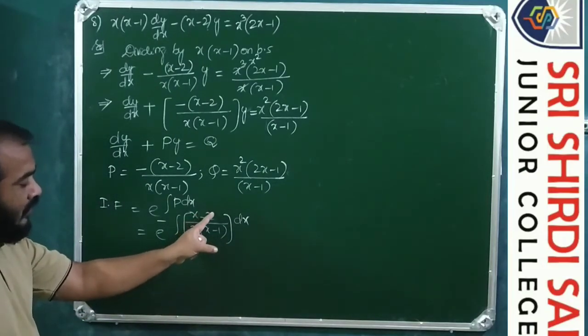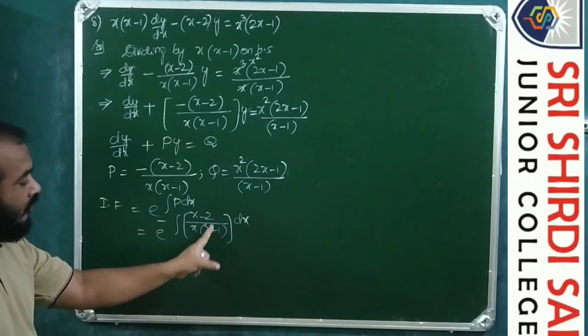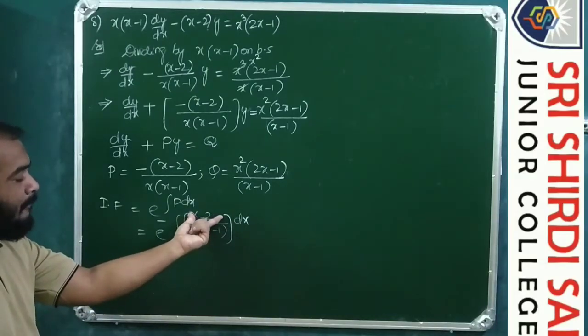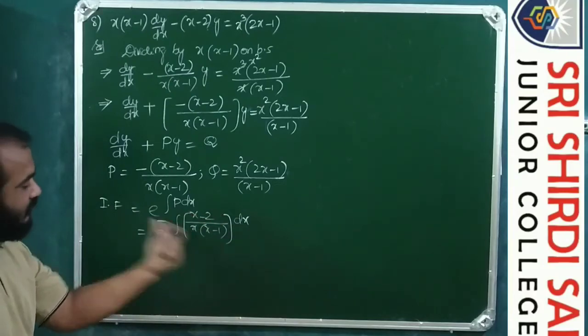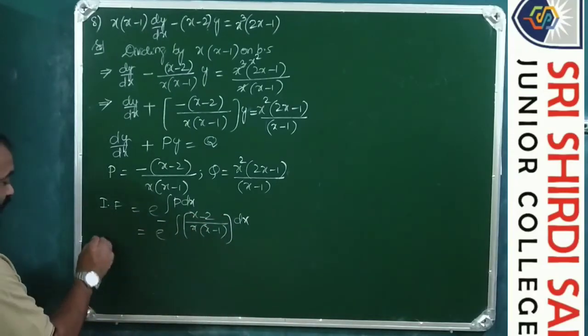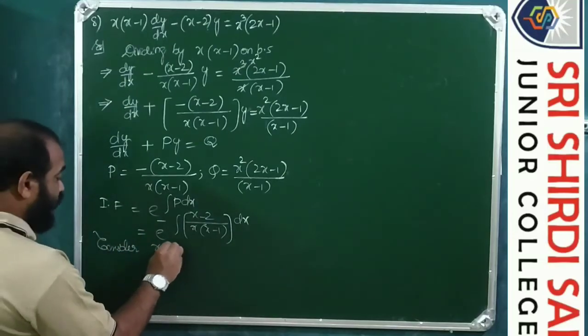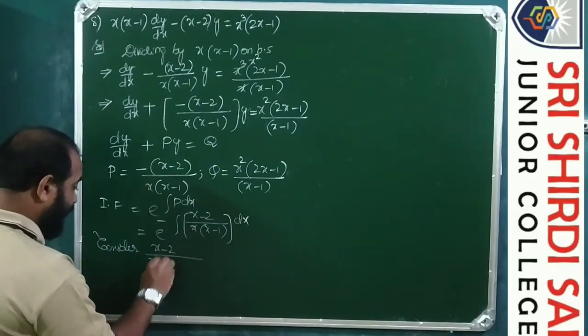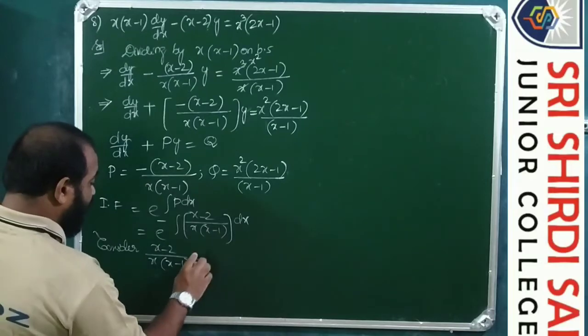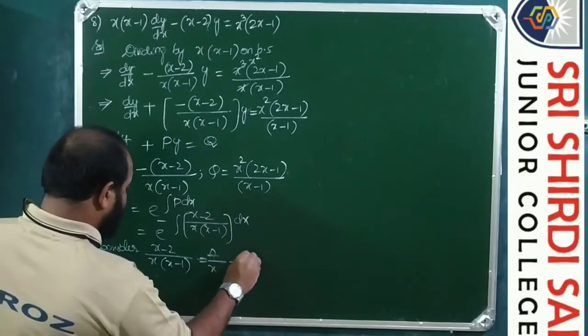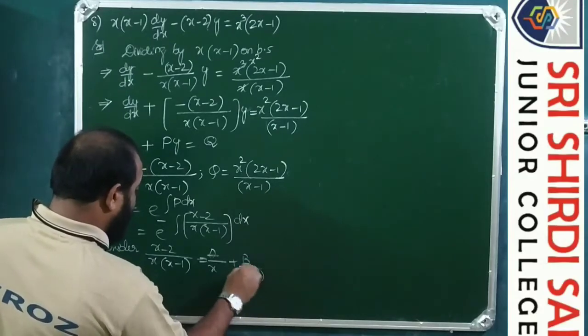Let us consider this. This is a rational fraction and this is a proper fraction. So let us consider x minus 2 by x into x minus 1. This is equals to a by x plus b by x minus 1.